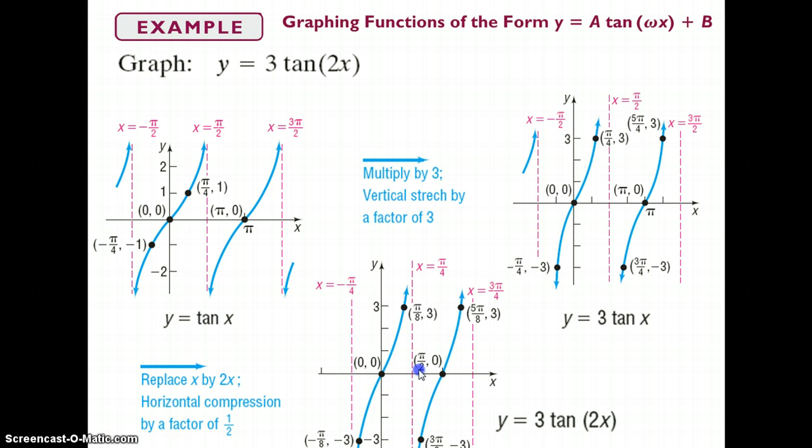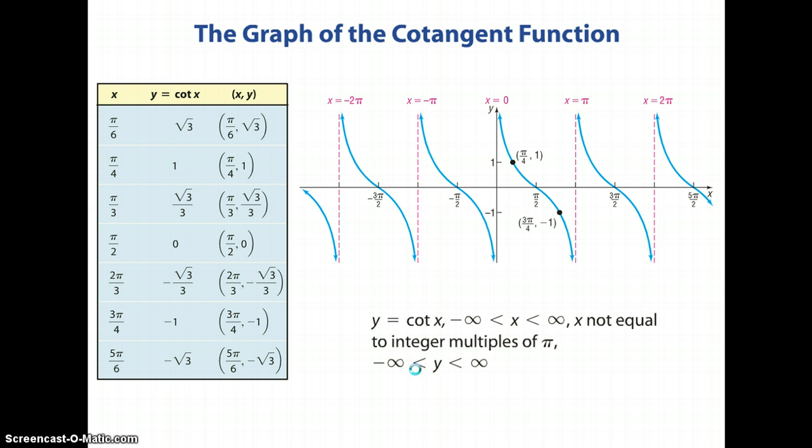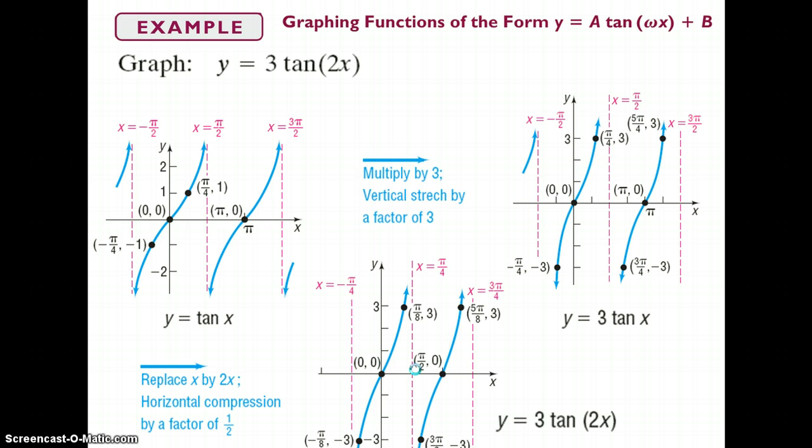Remember, the period is pi over 2. So if you start at your first vertical asymptote, pi over 4, then you could back up pi over 2 radians and draw another vertical asymptote, and then put your x-intercept right in between.